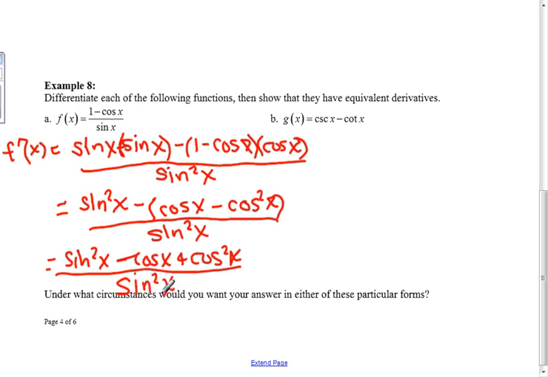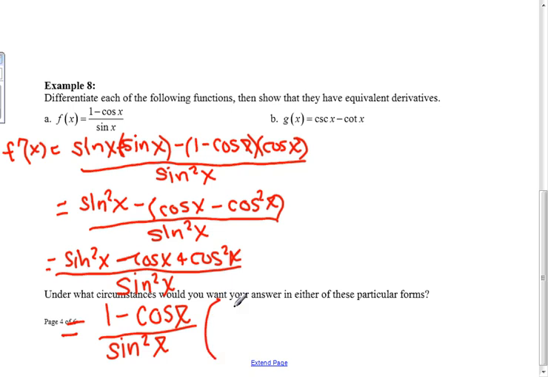Now we can simplify it just a tiny little bit there. Sine squared plus cosine squared is just 1. Alright, so we have 1 minus cosine x all over sine squared of x.